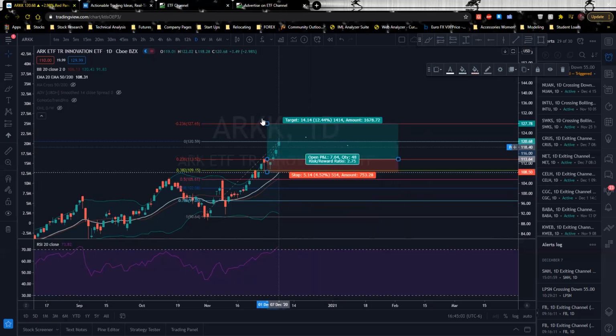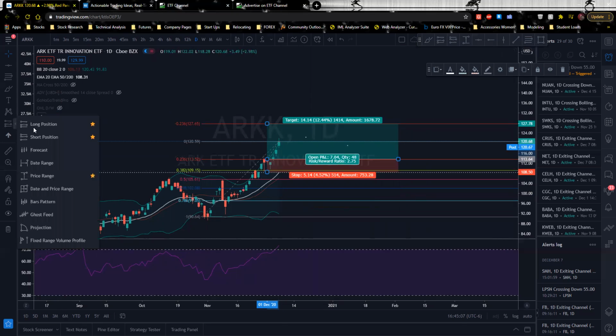But yep. So, just if you're wondering, this is over here. If you want to ever check the risk reward ratio for a long position or a short position.